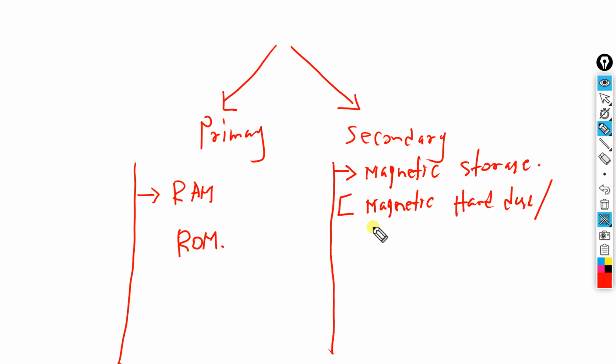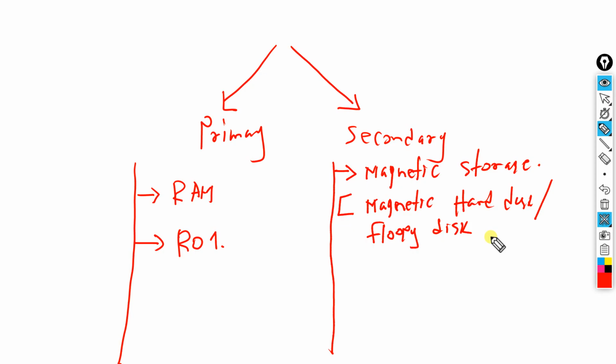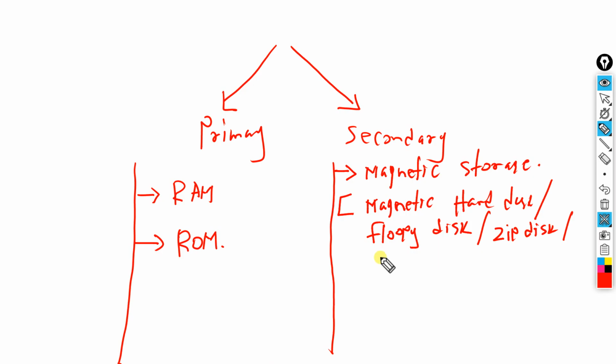And we have a floppy disk. I think you know about the floppy disk. I will show you later. And we have a zip disk. And we have a jazz disk.